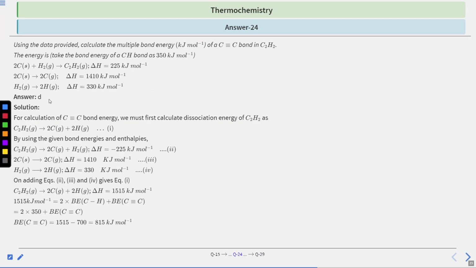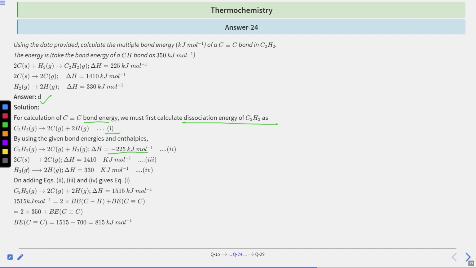Okay, so the correct answer will be option D. For the calculation of C triple bond C bond energy, we must first calculate the dissociation energy of C2H2, right? So C2H2 will dissociate in the form of 2C plus 2H. We put this equation as first. By using the given bond energies and enthalpies, C2H2 will give 2C plus H2, and the del H will be minus 225 kilojoule per mole for this.